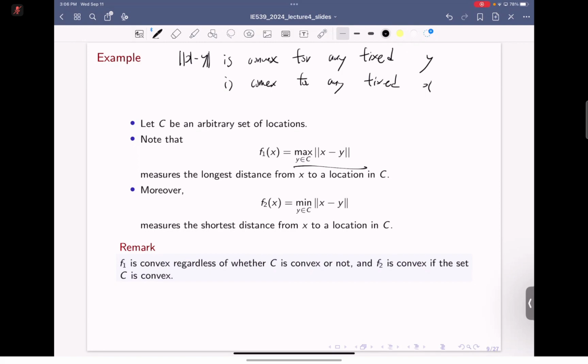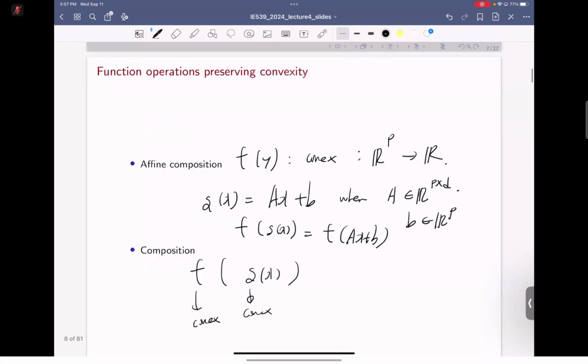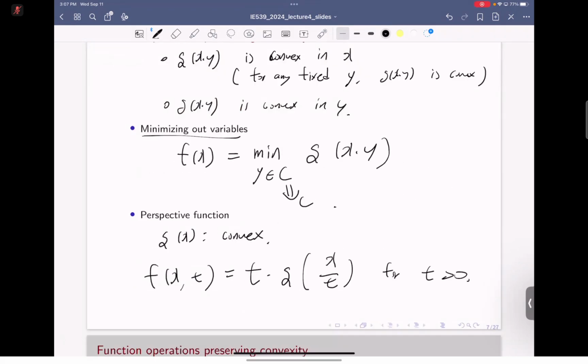If you view this norm of x minus y as a function in terms of x and y, then if you take C as a convex set, this is obtained from minimizing out the variable y. So we applied this operation.